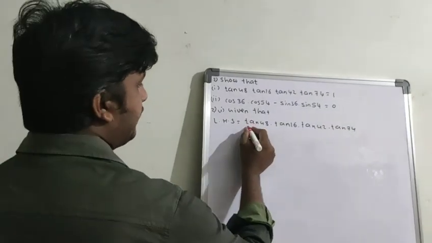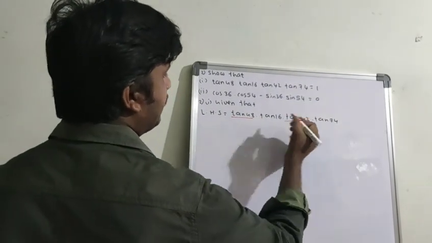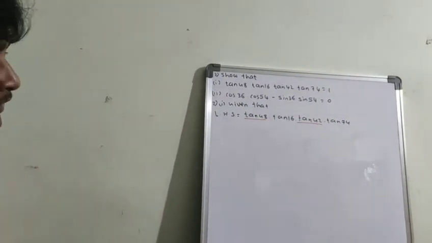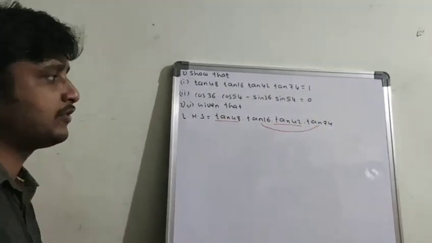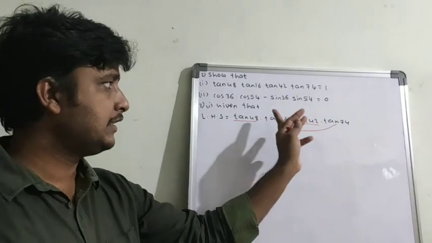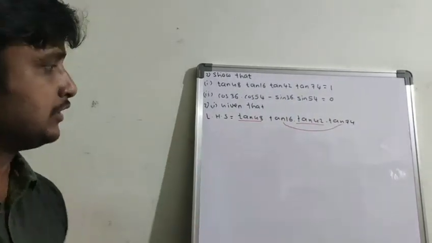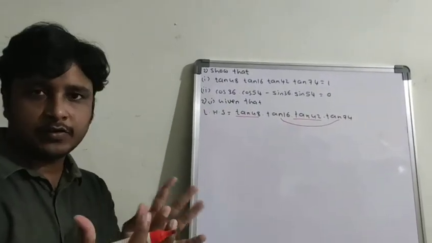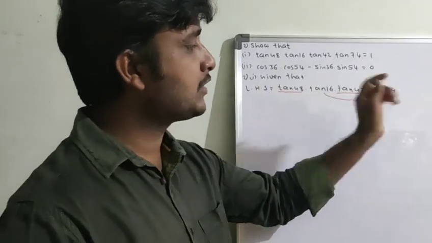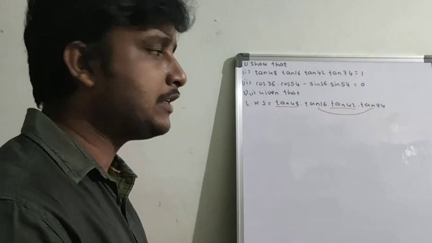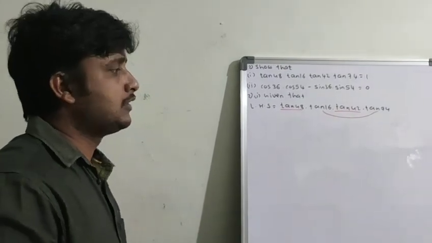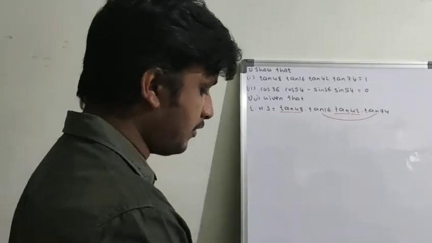But if you observe, tan 48 and tan 42 are complementary to each other, and similarly tan 16 and tan 74 are also complementary, because 48 plus 42 is 90 and 16 plus 74 is also 90. So make them into groups. Actually, these are all multiplications only, and by using the commutative property under multiplication, a into b equals b into a, I am regrouping the terms.